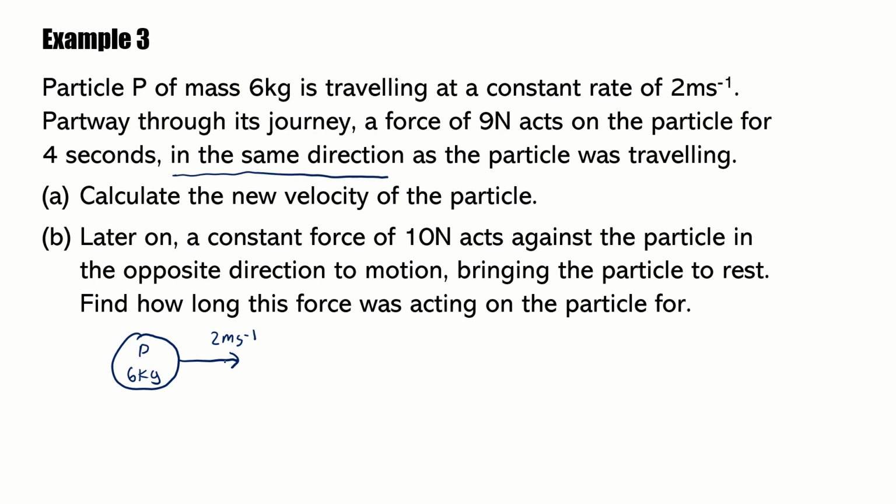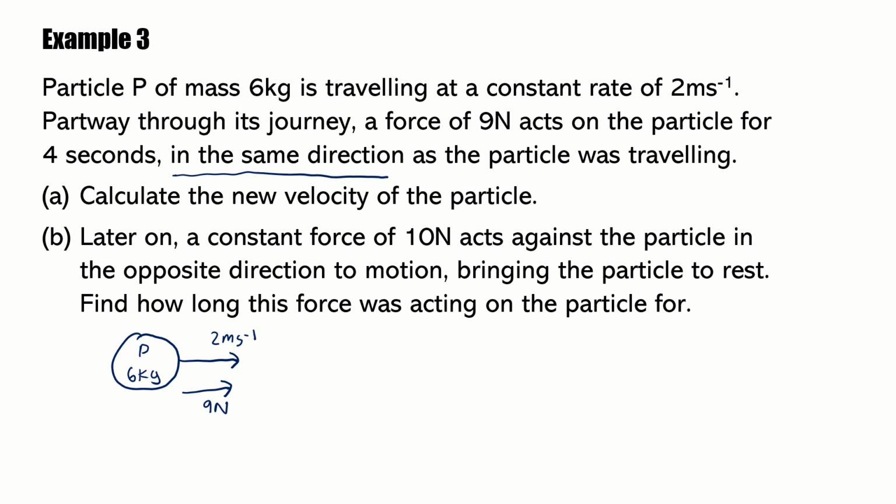So that means, as I've said, the 2 meters per second is going to the right. The force of 9 newtons has also got to go to the right. Cool, so therefore we've now got to calculate the new velocity of the particle. This is very similar to my example 1, it's just they haven't given us the impulse.